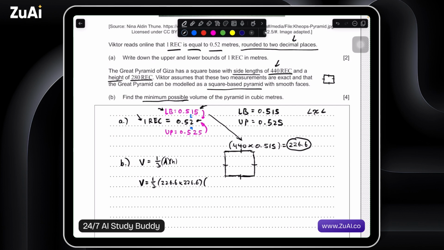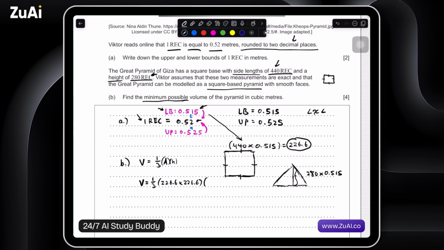And the height, they tell us, is right here, 280. So if we've got some pyramid, I'm just going to draw something like this. Not going to go 3 dimensions, not exactly. But our height of our pyramid is equal to 280. But again, we want to use the lower bound of 0.515.